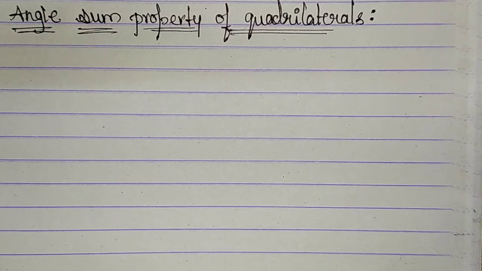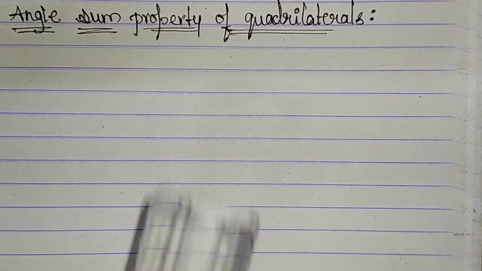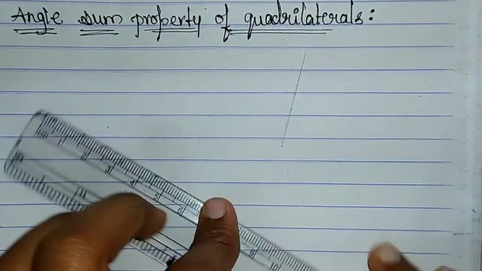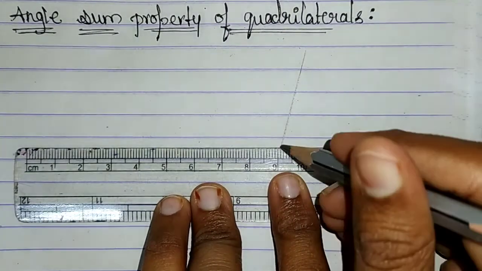Now we have something known as the angle sum property of quadrilaterals. In the previous chapter, that is triangles, you learned that whenever we add all the interior angles of a triangle, the sum is always equal to 180 degrees. Similarly in quadrilaterals, let me draw a simple quadrilateral here.